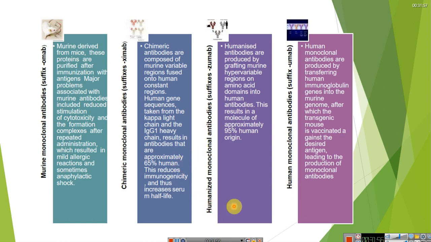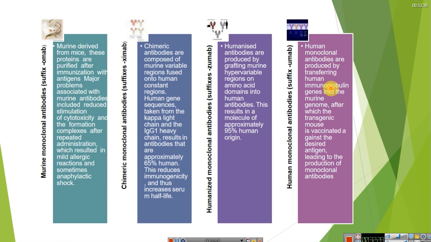Now humanized antibodies are produced by grafting the hypervariable regions onto a human antibody. So we take only the hypervariable regions or CDRs from the mouse origin, and then we graft them onto the human antibody. It happens all at the genetic level. So this results in 95% human origin, which we already know.